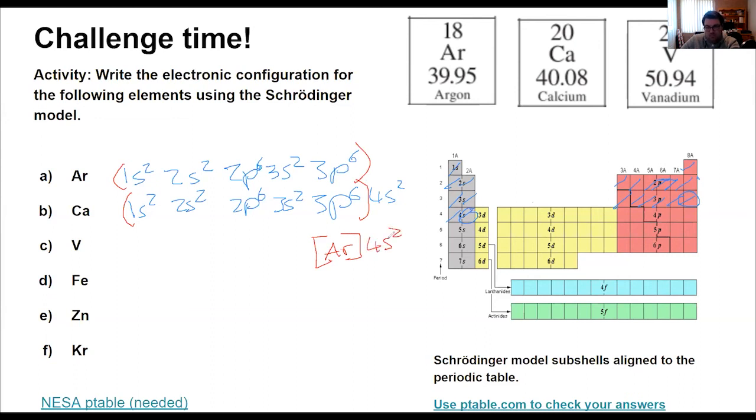All right, much simpler way of writing down the configuration of calcium. So it's something you can do as you go and you look at the bigger elements. It makes your life a little bit easier because it saves you from having to write down the long configuration.